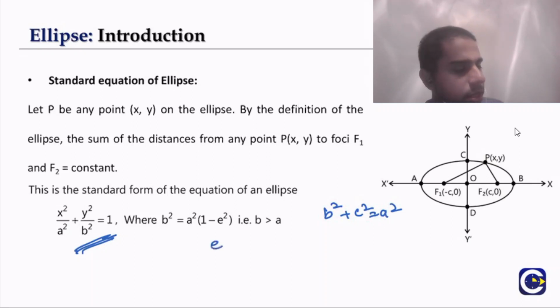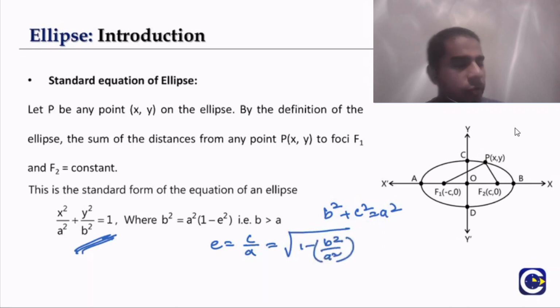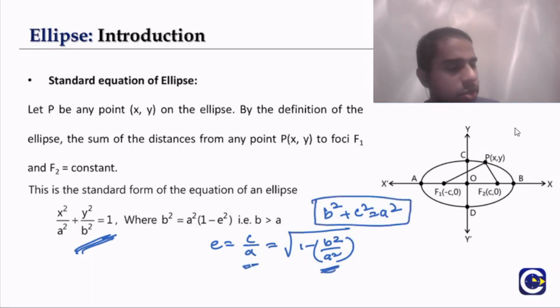Eccentricity is given by c by a, and eccentricity is also given by root of 1 minus b square by a square, where b is the distance of the vertex in the minor axis, and a is the distance of the vertex in the major axis. So by equating these two quantities, we can get this identity: b square plus c square is equal to a square, which we have used in the derivation of the standard equation of ellipse.